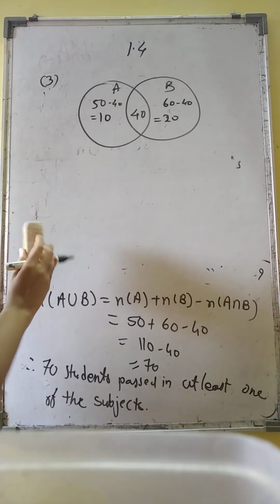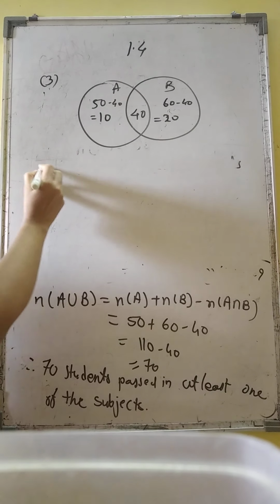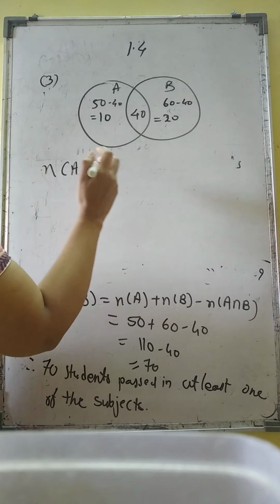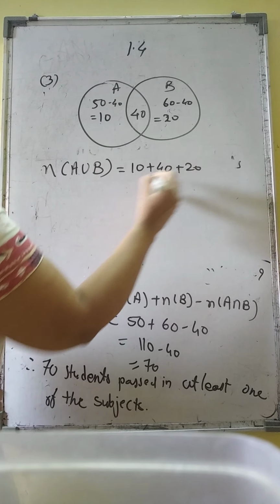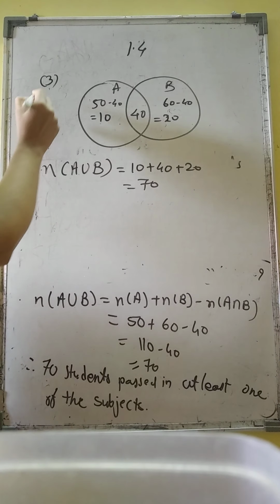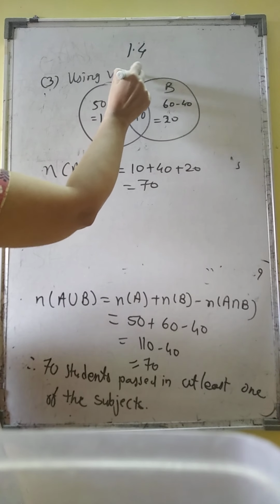Because you are doing it mentally, na? So you can show it directly. Number of students in A union B is 10 plus 40 plus 20, that is 70. And you can write it out. So this is using the Venn diagram.